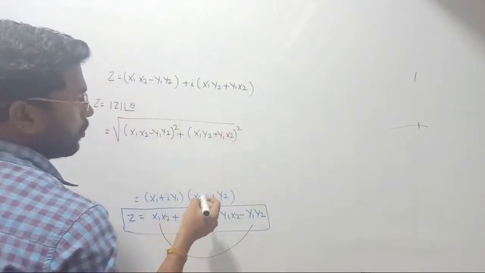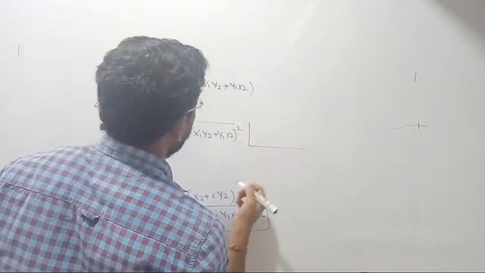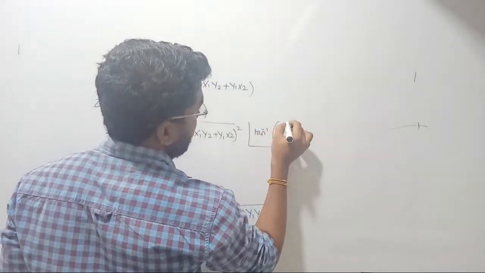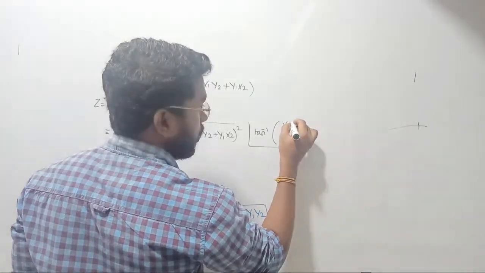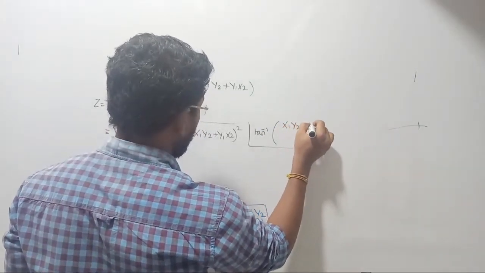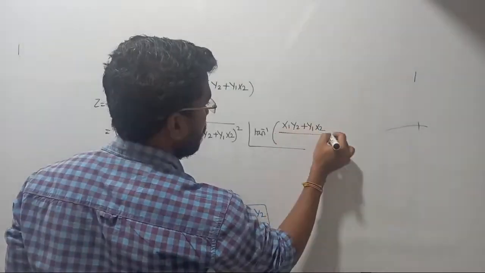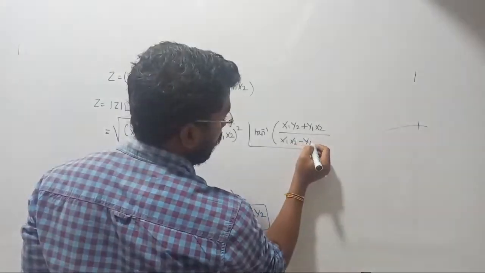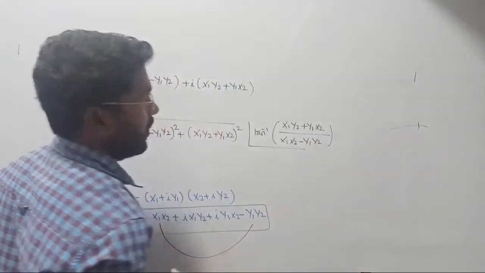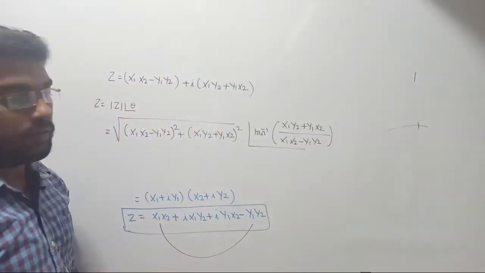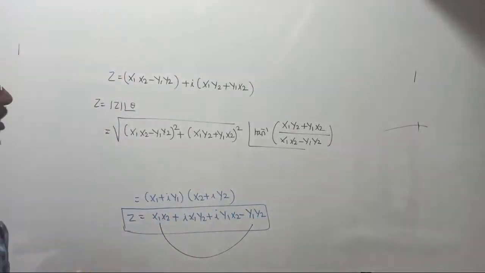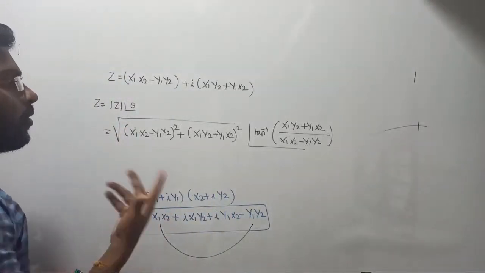Its corresponding phase angle is tan inverse of imaginary by real: imaginary is x1 y2 plus y1 x2 upon the real part x1 x2 minus y1 y2. Clear? That is how we find the magnitude and phase angle of the system when we are multiplying them.